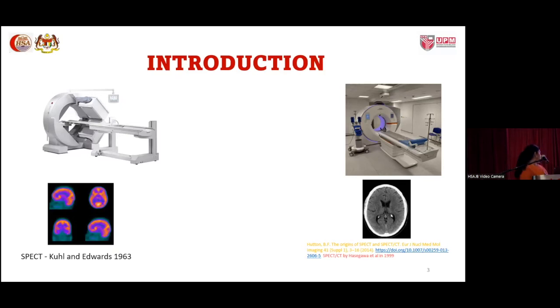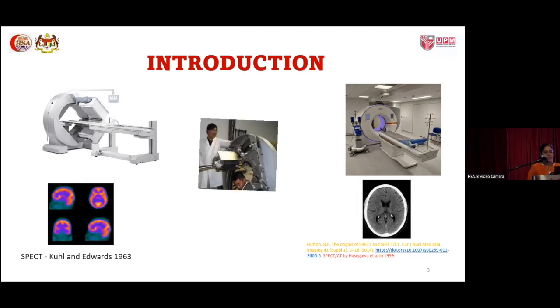Speaking about the SPECT-CT machine, it started off with a humble gamma camera, right? And then there was the CT scan lying across, the big brother, and somehow somebody decided to marry these two together. This guy named Hasegawa in 1999 decided, why not combine these two technologies?